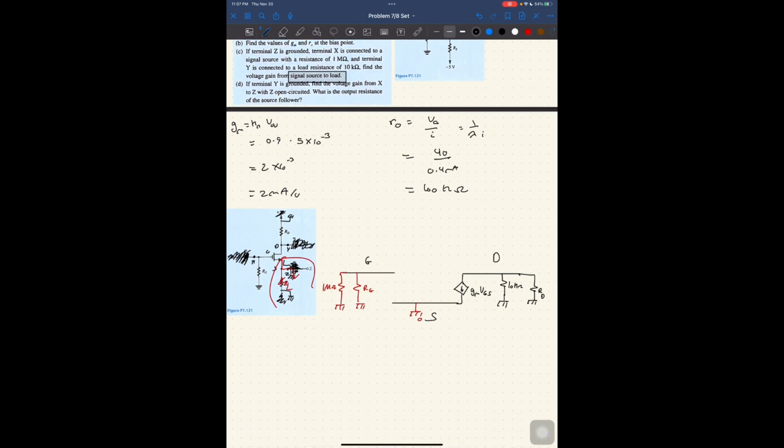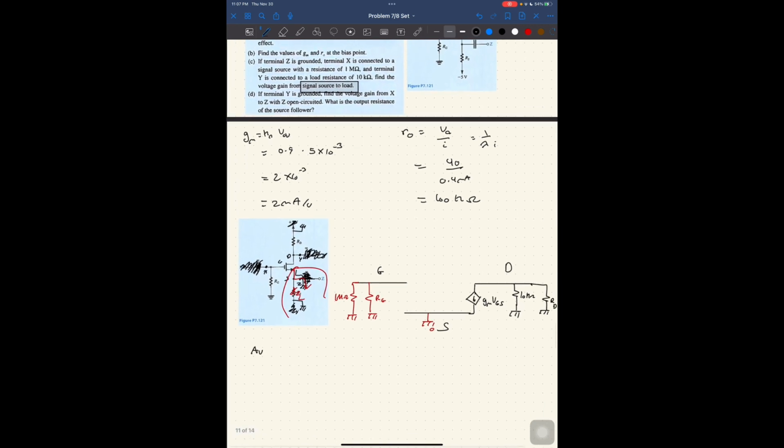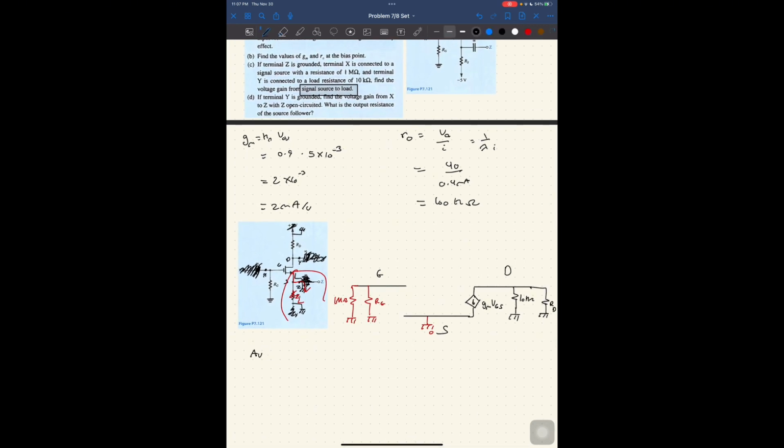So what is AV, from signal source to load? I'm going to have to find VO over VI, and AV is equal to VO over Vsig, which is equal to VO over VI times VI over Vsig.